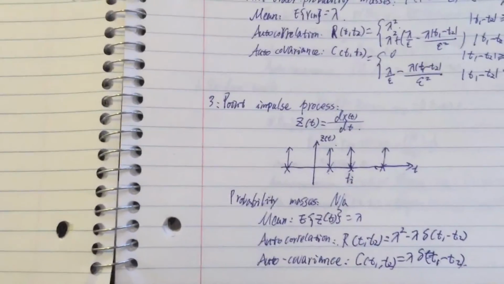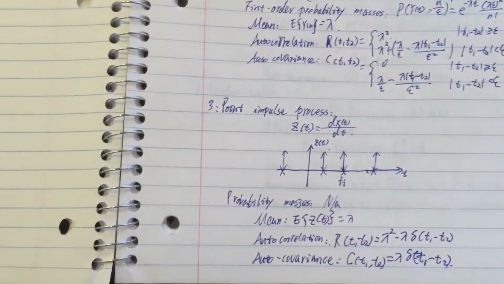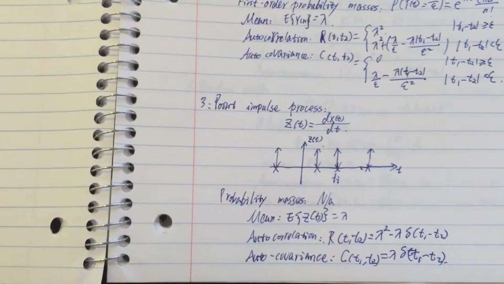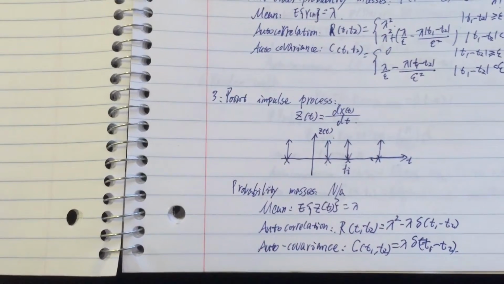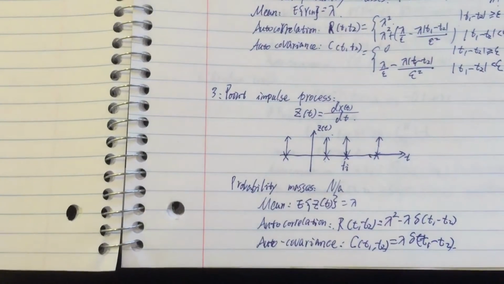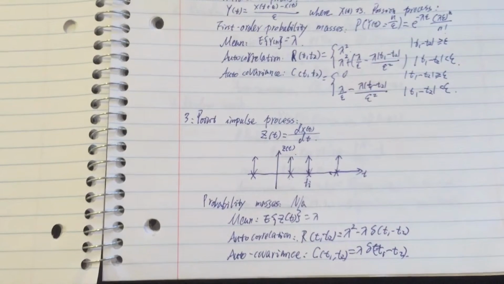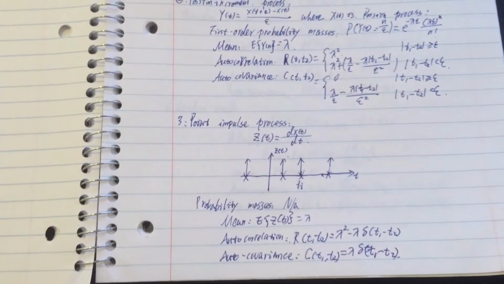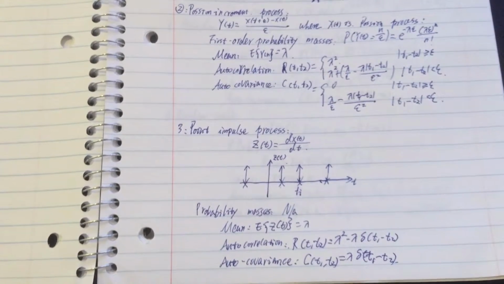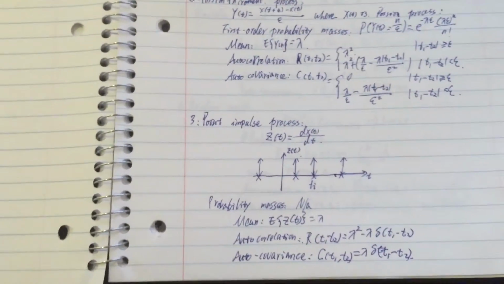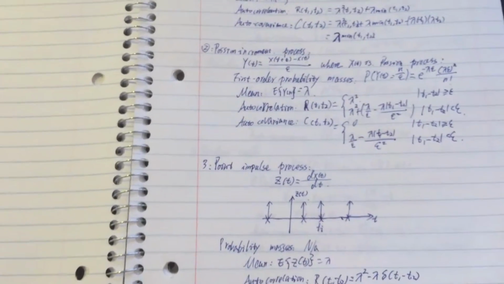There's not really a probability mass for it because this is the impulse process, and the mean is E[Z(t)] equal to lambda, and the autocorrelation is R(t1, t2) equal to lambda squared plus lambda times the impulse of t1 minus t2, and the autocovariance is C(t1, t2) equal to lambda times the impulse of t1 minus t2.